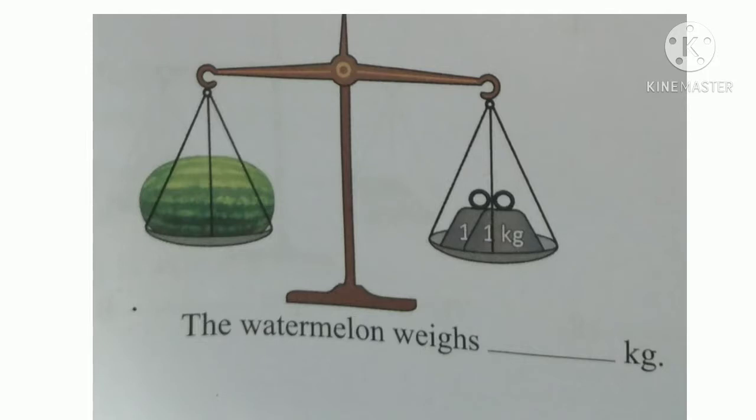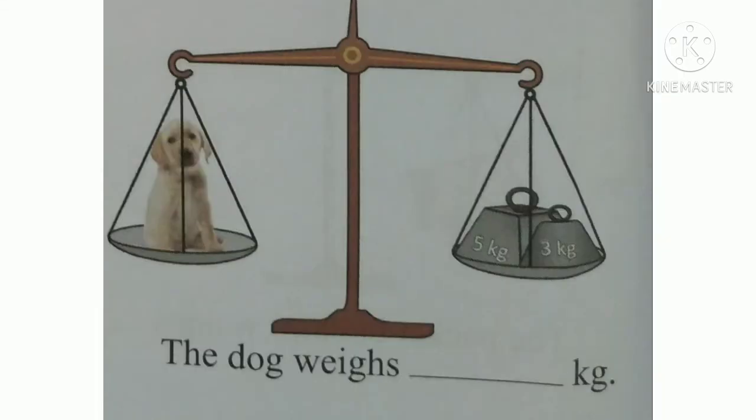Let us solve the next problem. Here we can see there is a watermelon in one pan and the other pan contains 2 standard weights of 1 kilogram each. So the total weight is 2 kilogram. That is 1 plus 1 we will get 2. So the watermelon weighs 2 kilogram. Is it clear children? Let us solve the next problem.